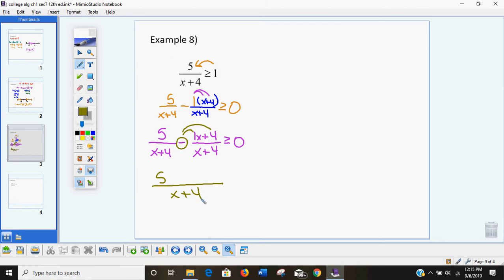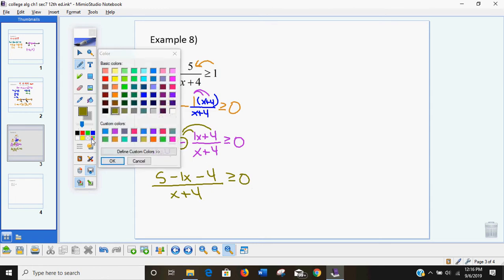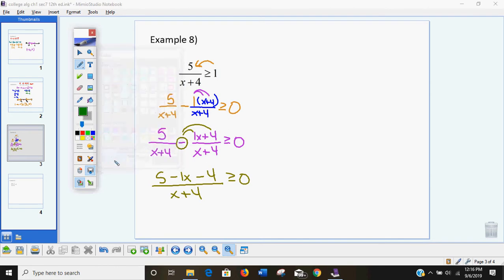Now negative 1 times 1x is negative 1x. Of course, you don't need the 1, but we'll leave it there. Negative 1 times positive 4 is negative 4. And then I'm going to bring down my greater than or equal to 0. Now, you could have done those last two steps together, but you need to be extremely careful that you distribute that negative to that positive 4.